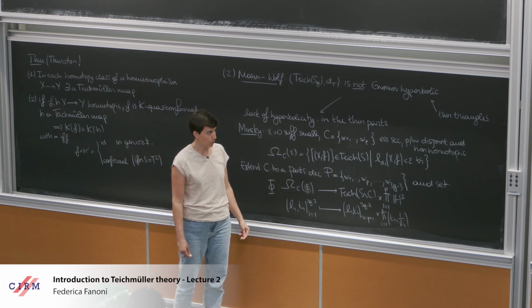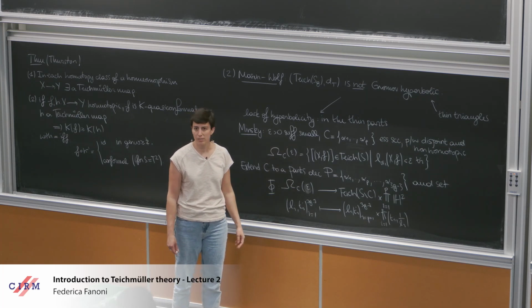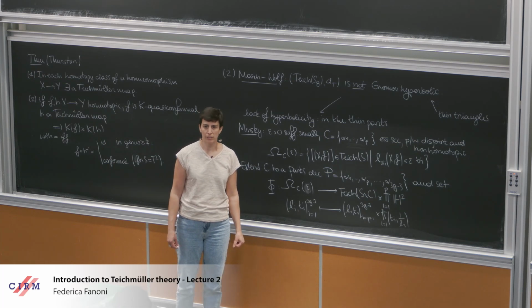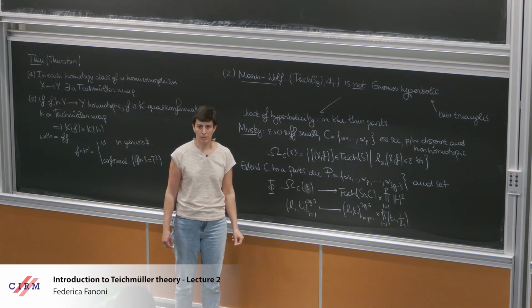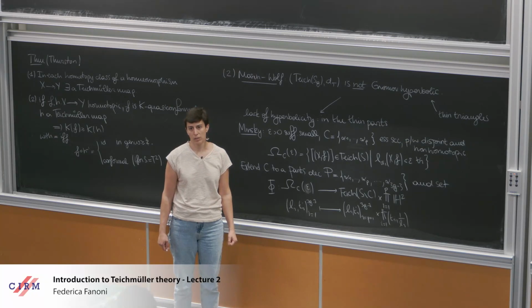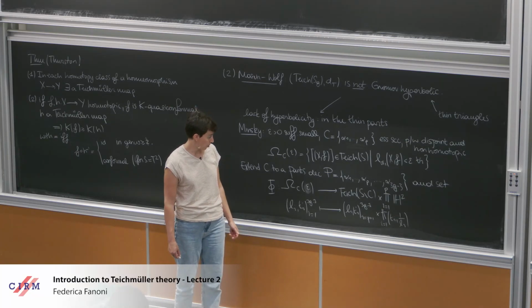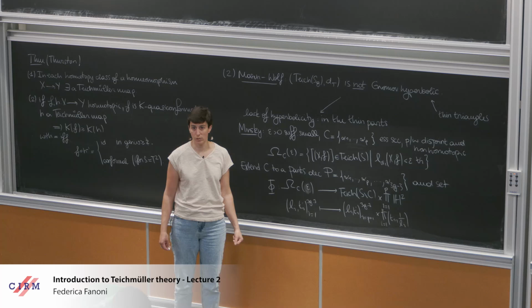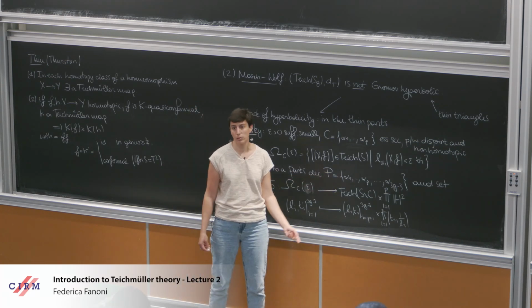I don't know whether it can be optimized in any sense, whether it can be made explicit. Is there any kind of choice of pants decomposition? No, for the pants decomposition, I don't think it matters. But it certainly depends on the curves you've chosen, so that influences the pants decomposition you choose.